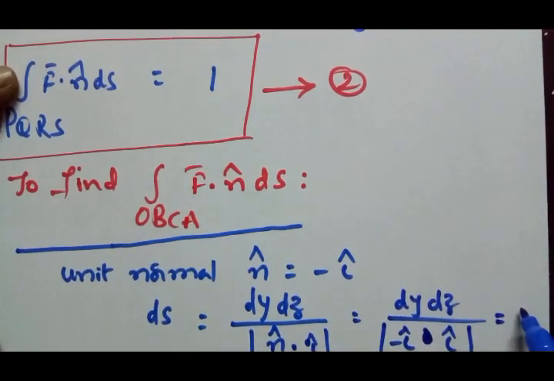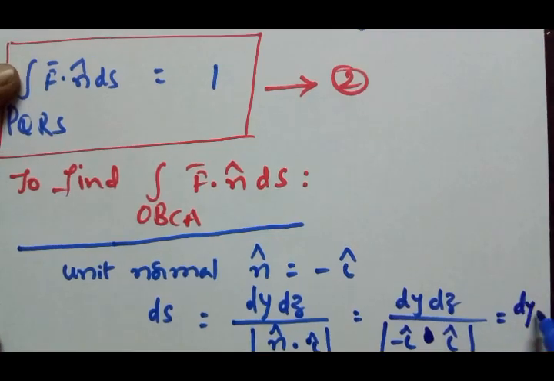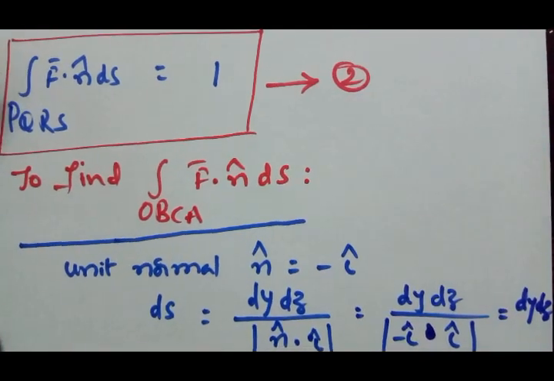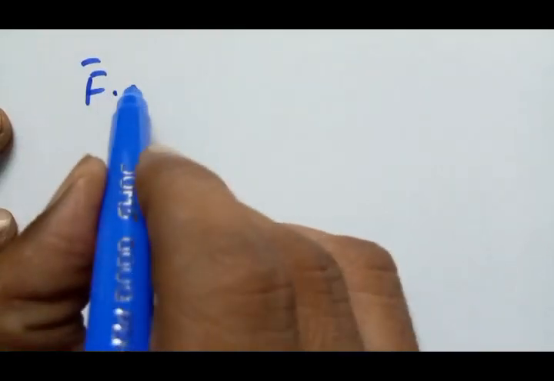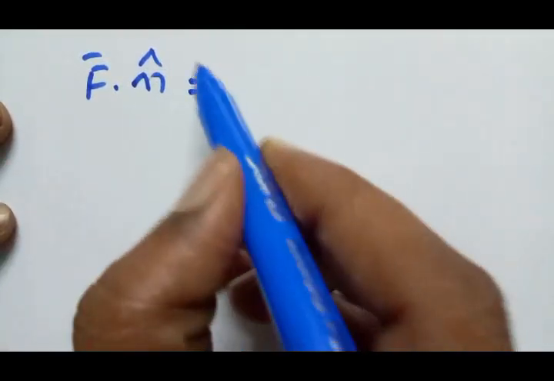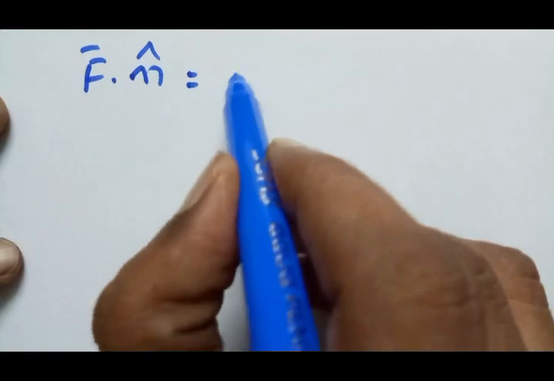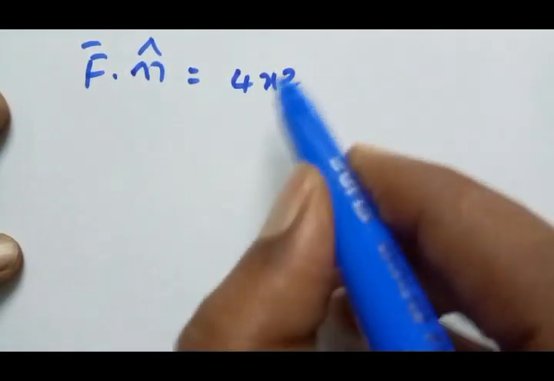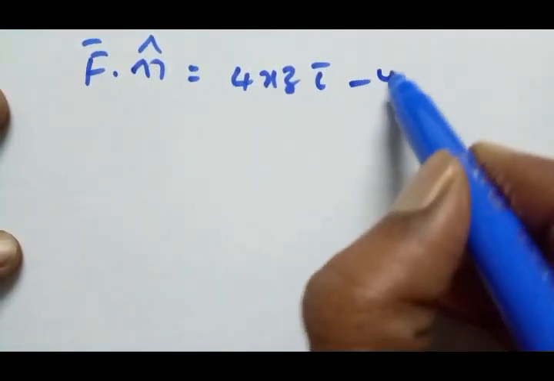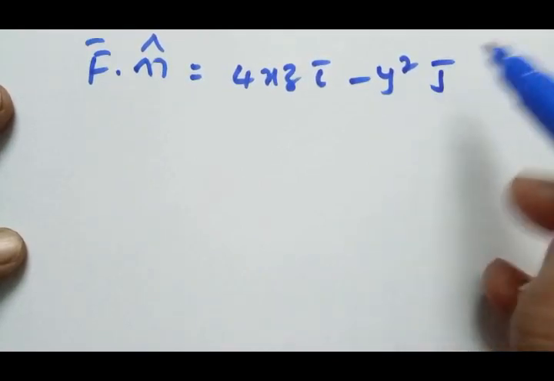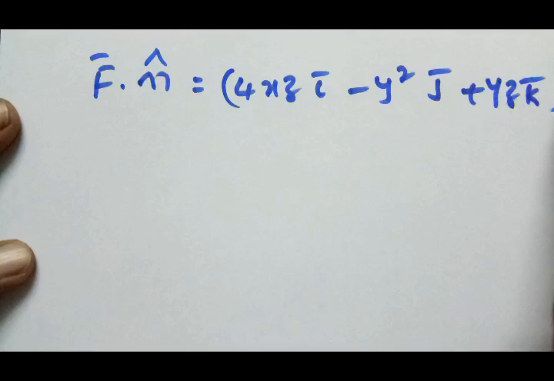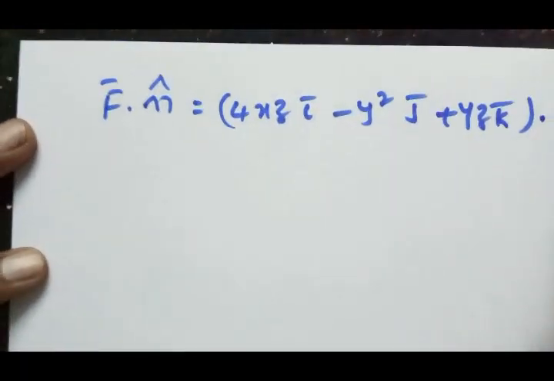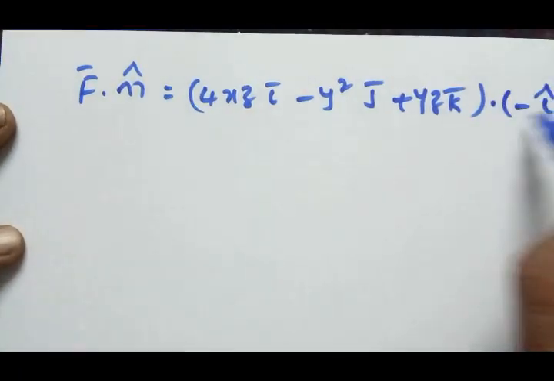Therefore, this is dy dz. ds is equal to dy dz. Now f bar dot n cap. Therefore, f bar is equal to 4xz I bar minus y square j bar plus yz k bar, dot n cap, that is minus I cap.